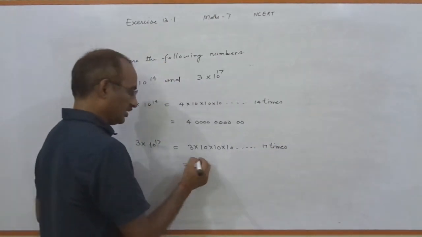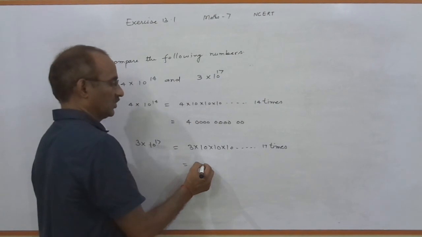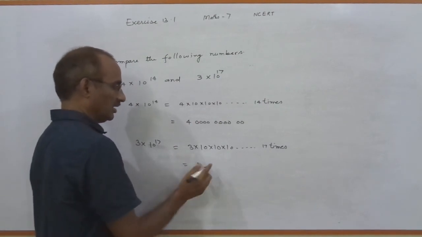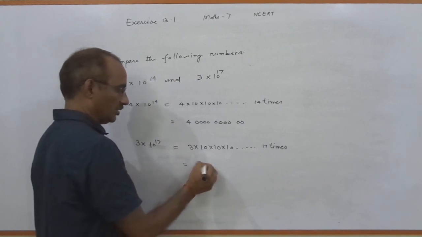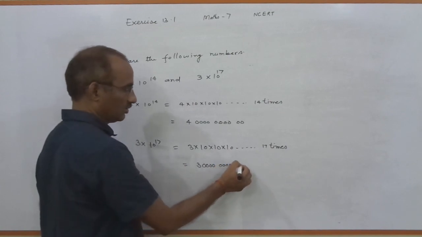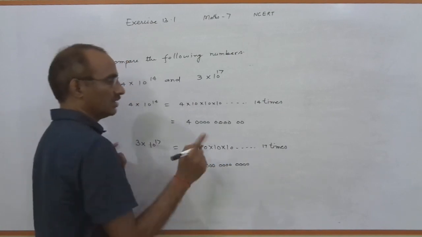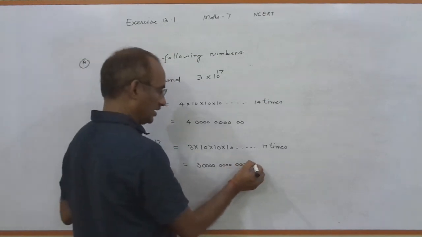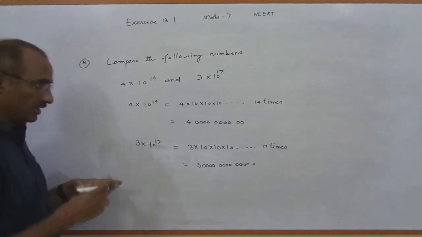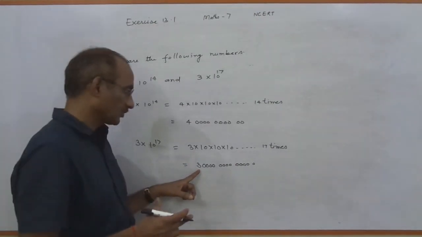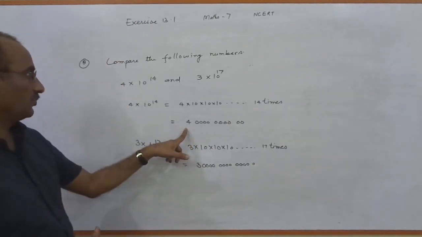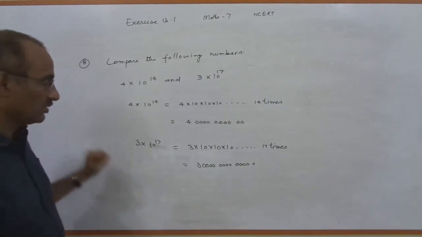And it is written as 3 and 17 zeros. And it is very clear that 3 and 17 zeros is greater than 4 and 14 zeros.